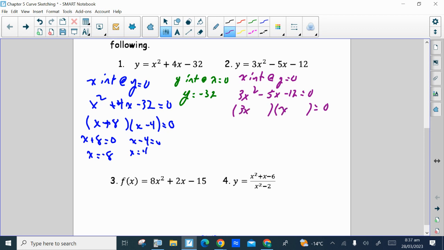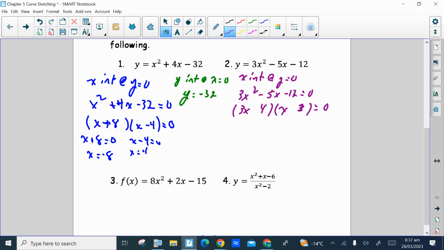The last terms have to multiply to get negative 12, and when we FOIL this out, we have to get a minus 5x in the middle. So I think that'll work with 3 there and a 4 there, because you'll have 9x and 4x when you multiply the outer and inner terms.